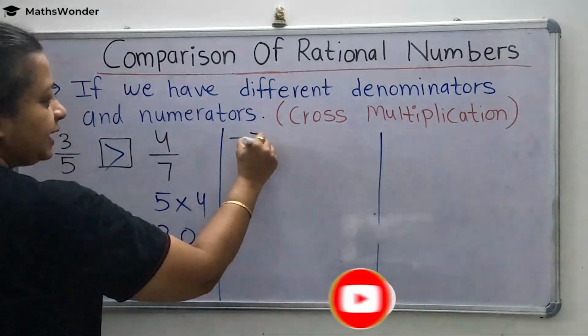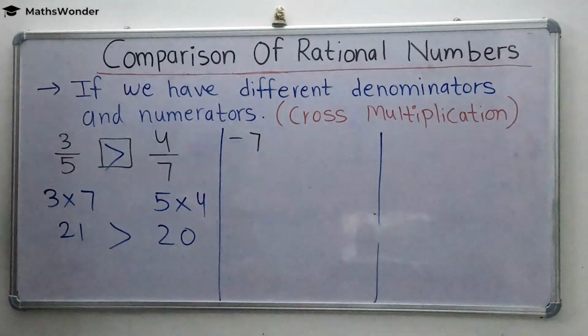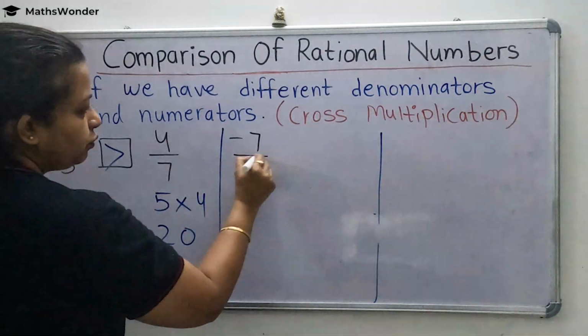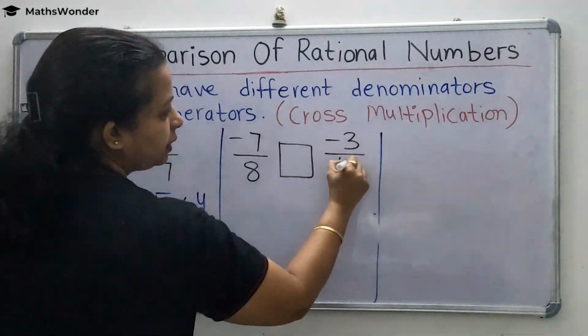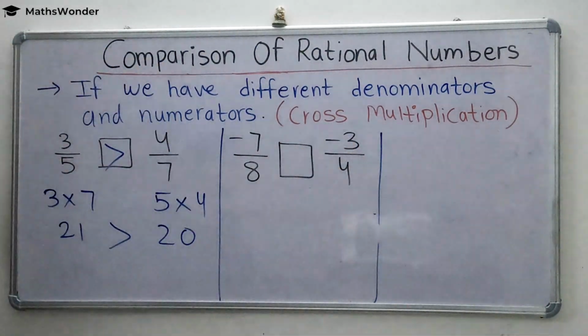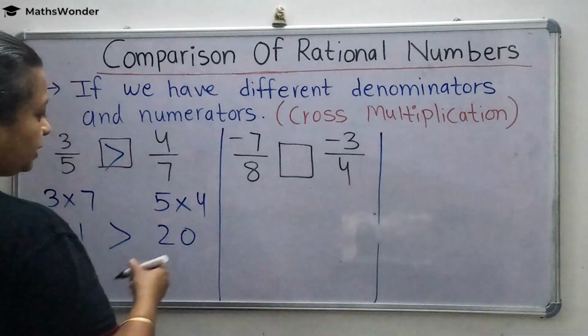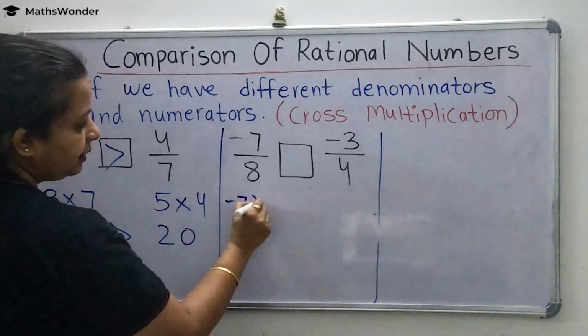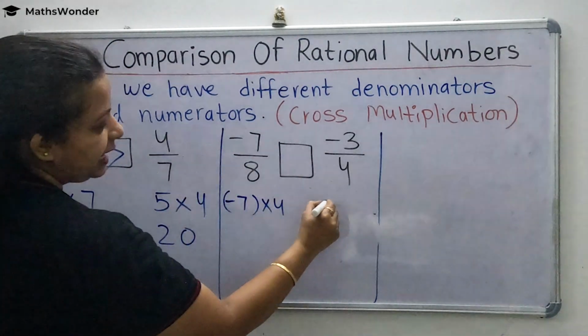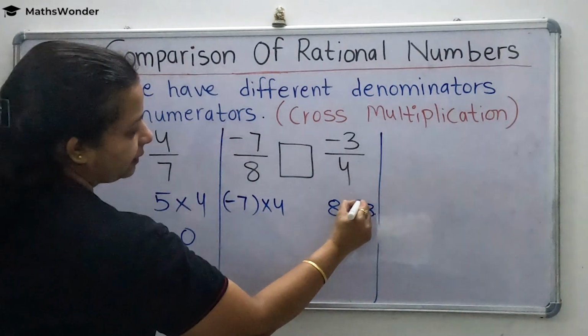Second, suppose negative 7. Now we are doing rational numbers, so we will use negative 7 over 8 and the second is negative 3 over 4. In this example we have different denominators with different numerators. The same process you will apply, cross multiplication. Negative 7 times 4 and 8 times negative 3.